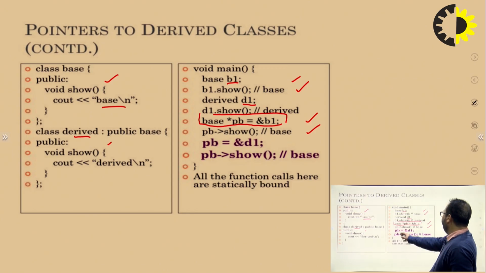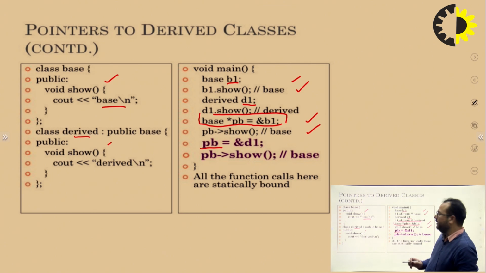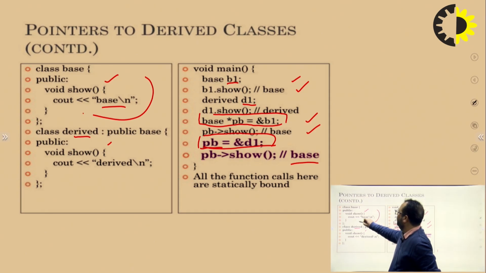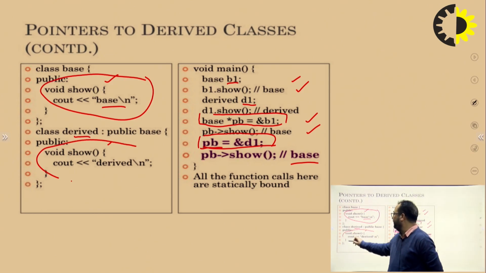But now if we store the address of a derived class object here by using this line, and we want to access the show function, only the base class function will be invoked, not the derived class one.